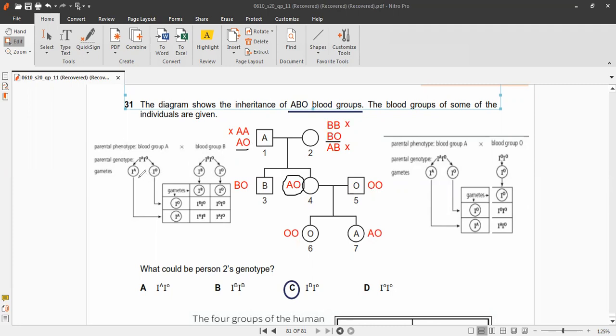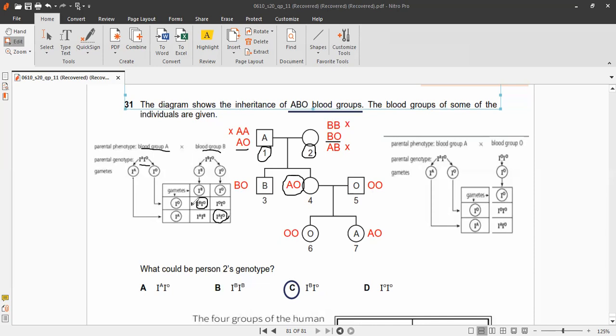AO, the parental genotype, AO for blood group A, this one, and 2 BO for blood group B, gives BO number 3 and AO number 4.